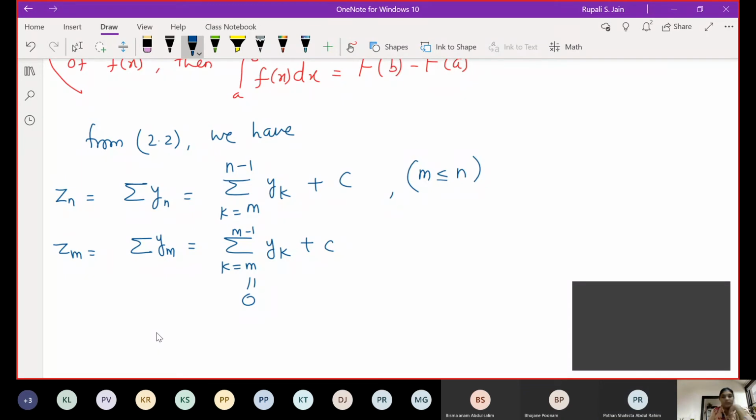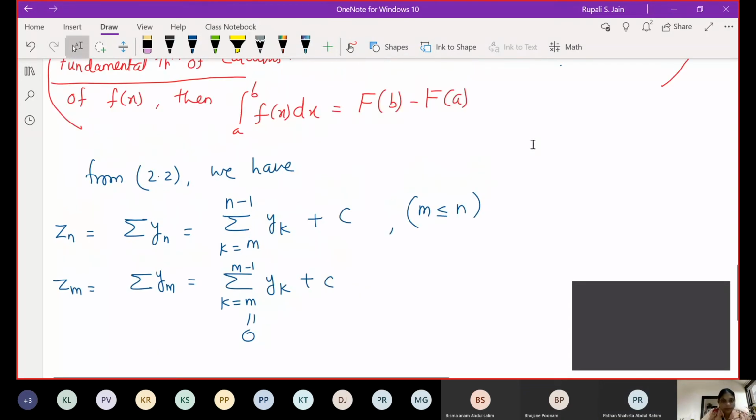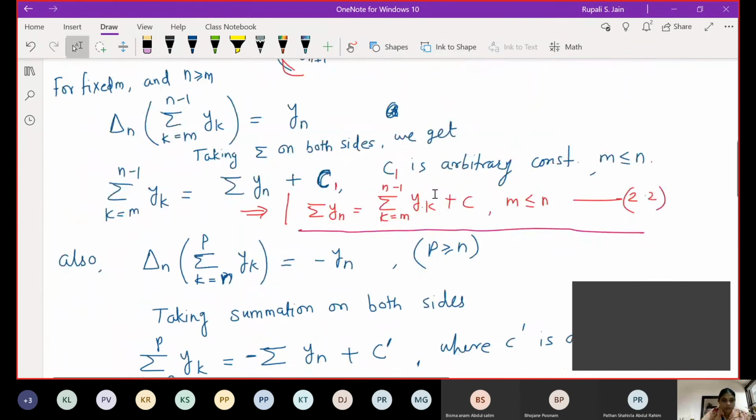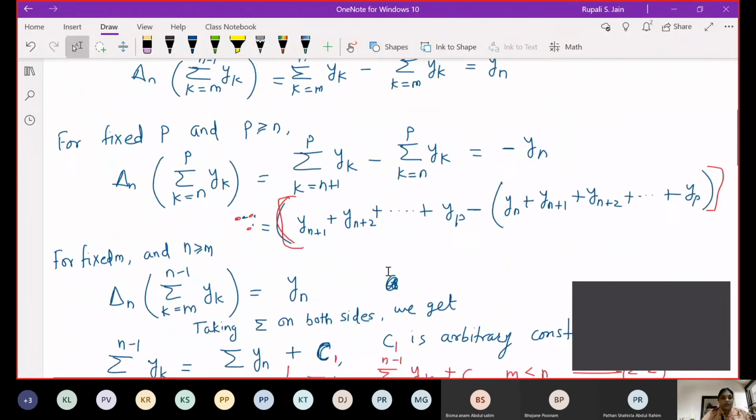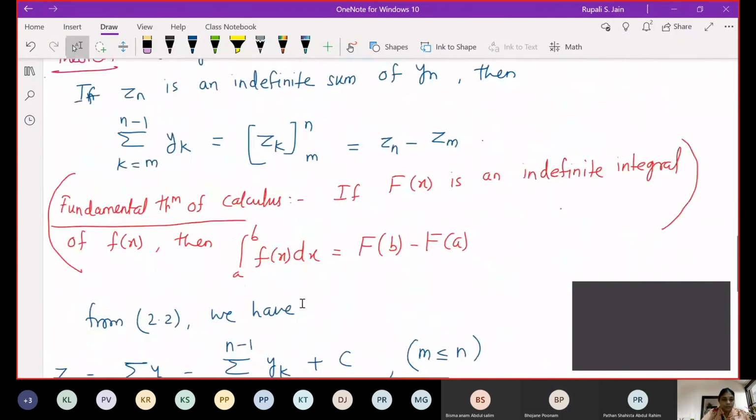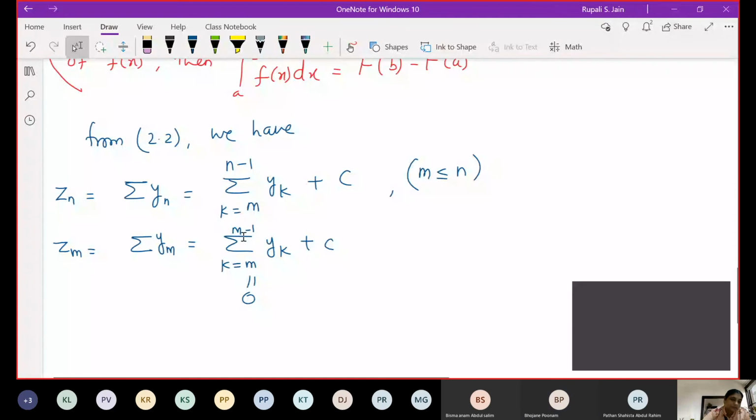We use the convention that summation k is equal to a to b of yk is equal to 0 whenever a is strictly greater than b. In this summation, my m is strictly greater than m minus 1, so I can write this as 0.